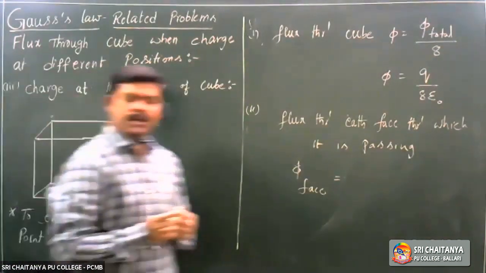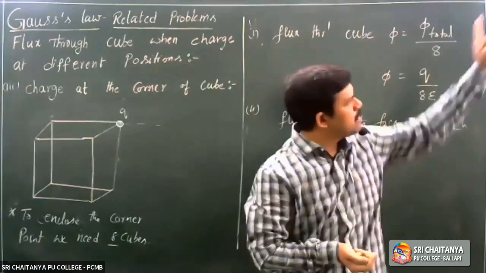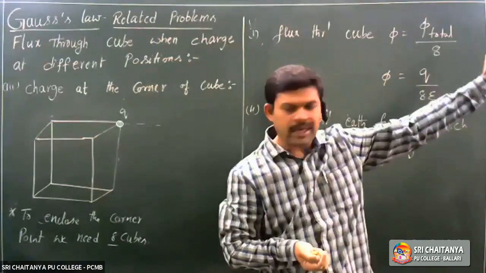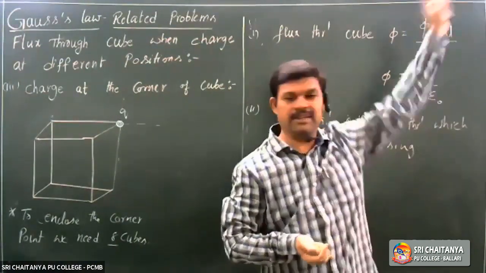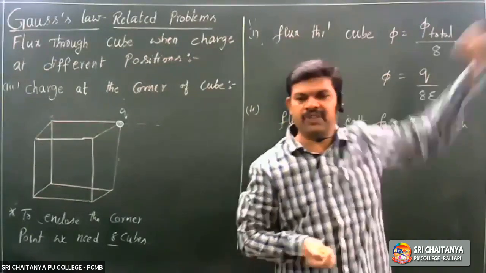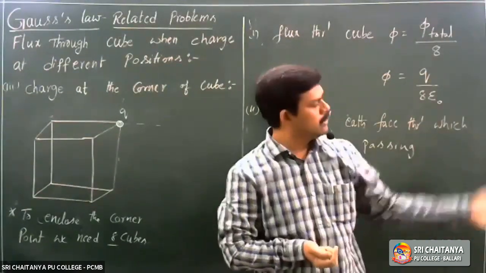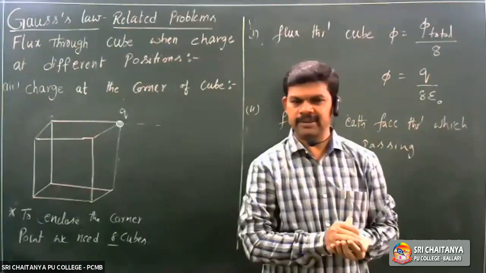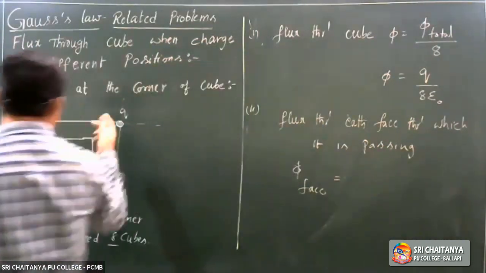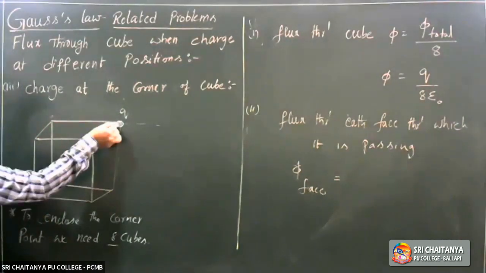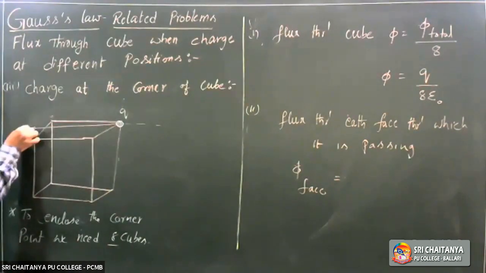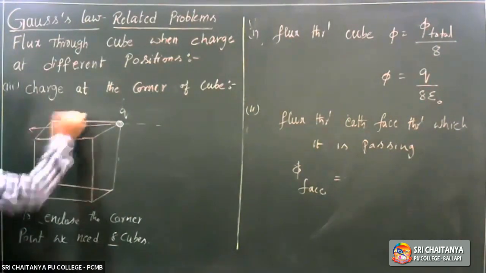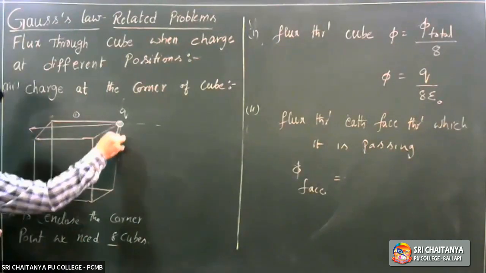I said corner is a point where 3 faces combine. 3 faces of the room or the cube join, right? If I place a charge here, the flux coming from the charge is parallel to this face. This is one face which is joining, parallel to this face.